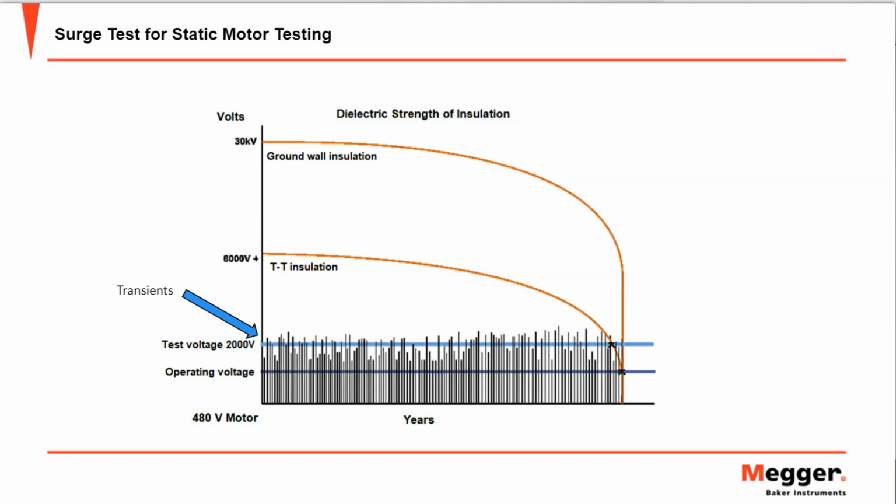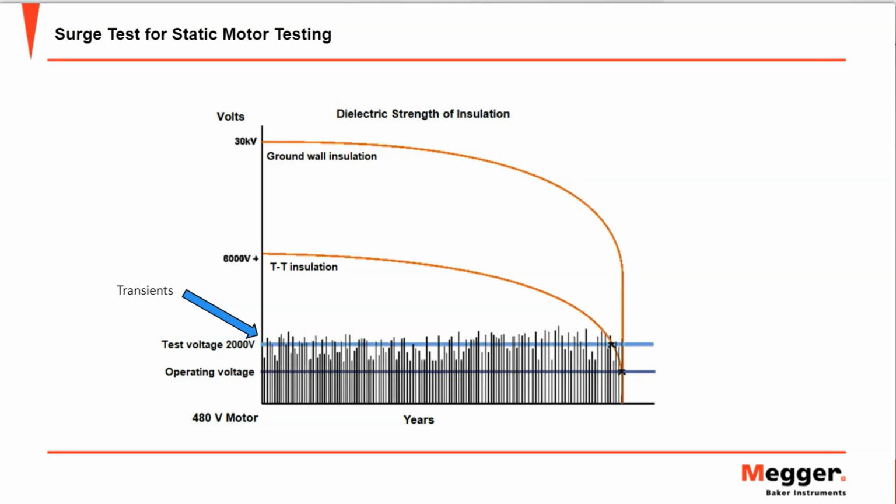So these transients are written in different standards, and that happens in any motor: low voltage, medium voltage, high voltage motor. So the average for this low voltage motor, I'm talking about the transients, the average of the transient voltage is 2000 volts for a low voltage motor.